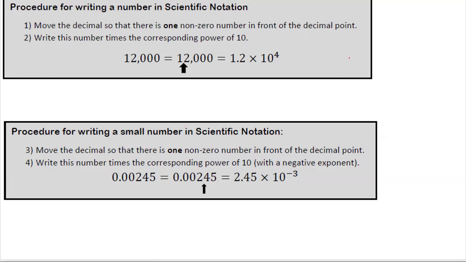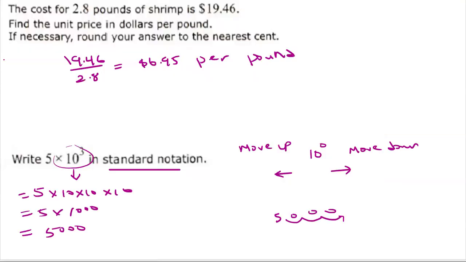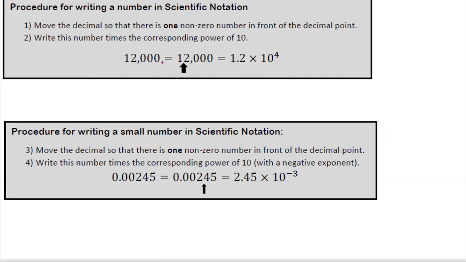So if I had 12,000, my decimal will be right here, right? If I go back to my previous slide, if I move the decimal to the left, the power is going to go up. So it'll be times 10 to the first, second, third, fourth, and that's why we have times 10 to the fourth.